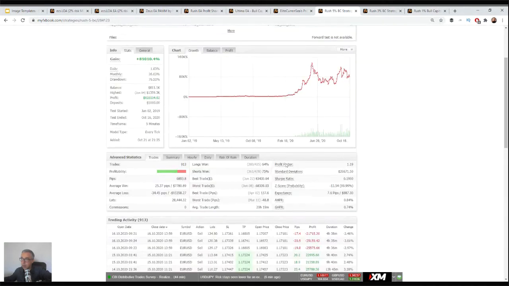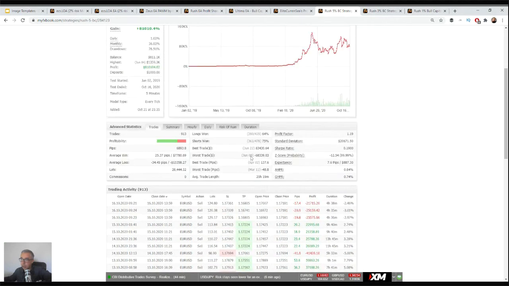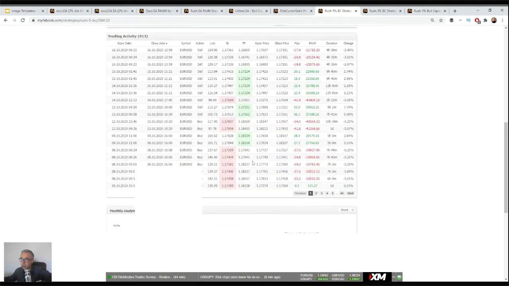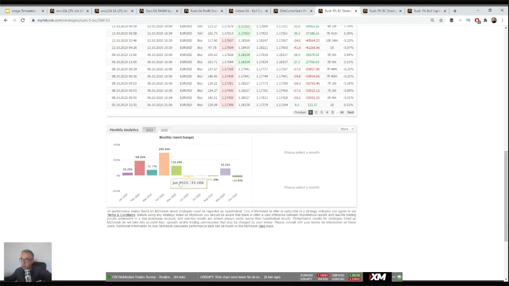Otherwise, Rush.EA testing. Mislav did slightly updated testing with one change regarding the TP, and looking very good here. This is with 5% risk, as you can see. A bit slower summer, good September, a bit slower October as well as in live trading.